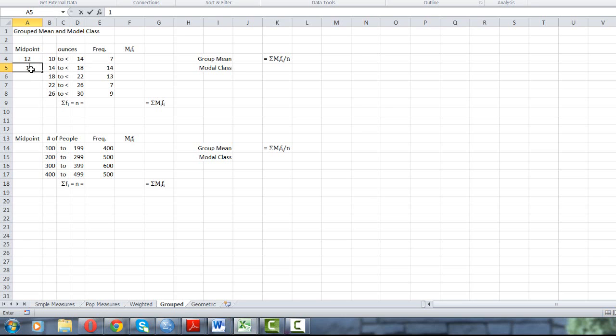So 12, 16, 20, 24, and 28. Okay, so now it's taking the midpoint times the frequency, and then we sum our frequencies. We sum our midpoints times the frequencies.